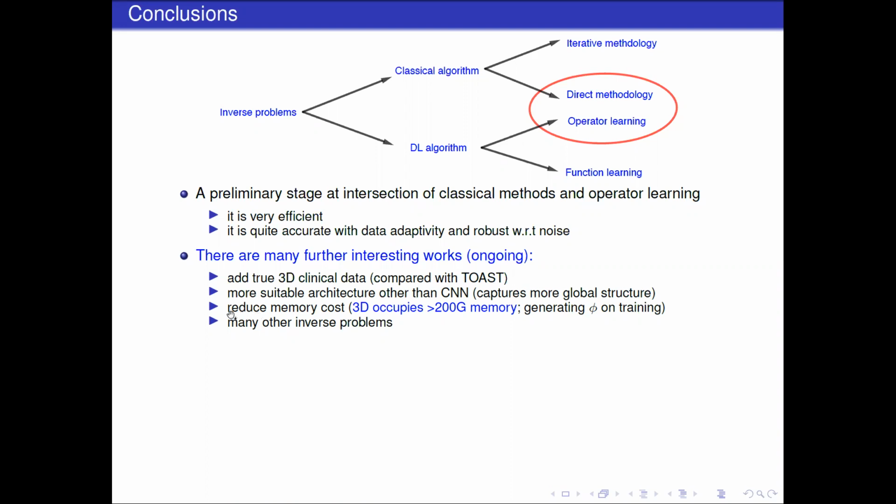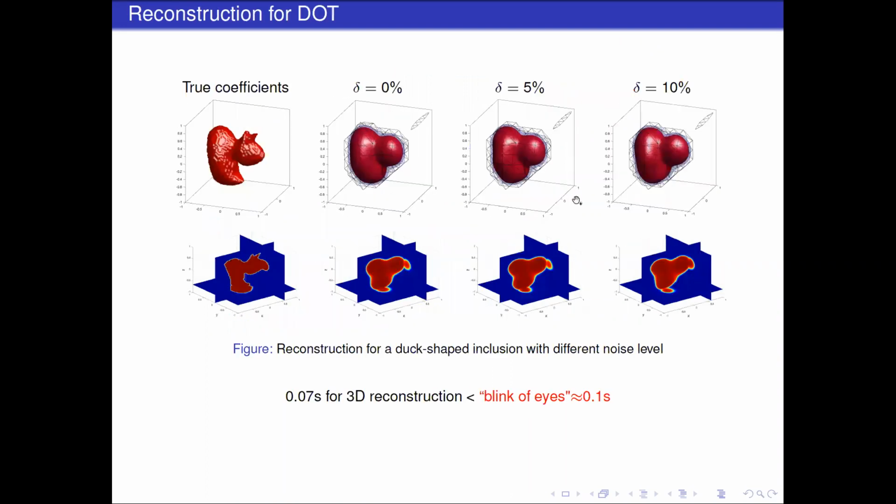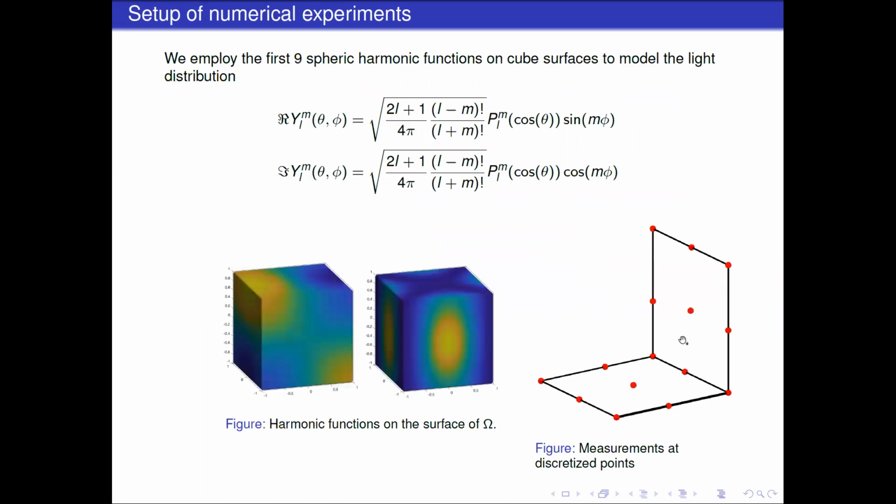Another thing we are interested in is to reduce the memory cost. In the current case, for 3D reconstruction, we need at least 200 gigabytes of memory to generate the training data set, because we need to extend the boundary data into the whole domain.